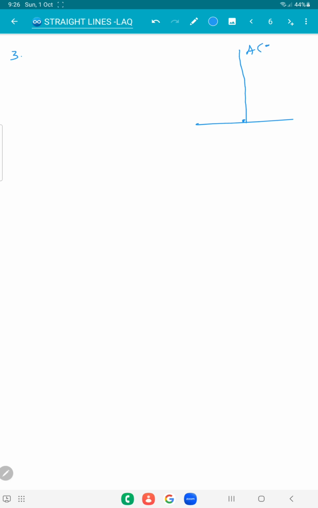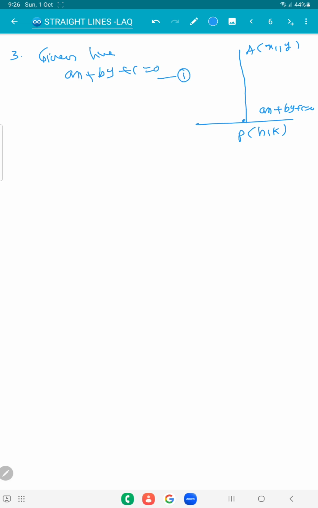Let A of x1, y1 be a point. P of h comma k is the foot of the perpendicular from the point A to the line ax plus by plus c is equal to 0.